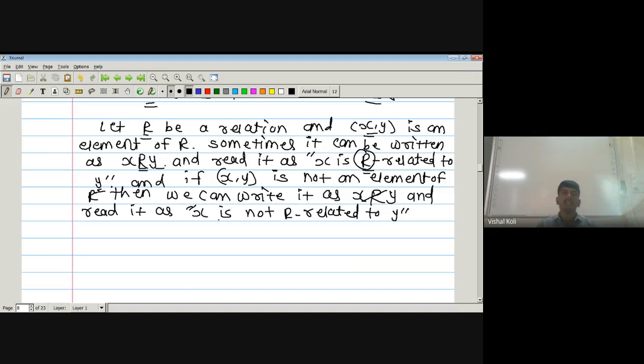It means the elements x and y are not related under the relation R. In this way we can write the corresponding statements.